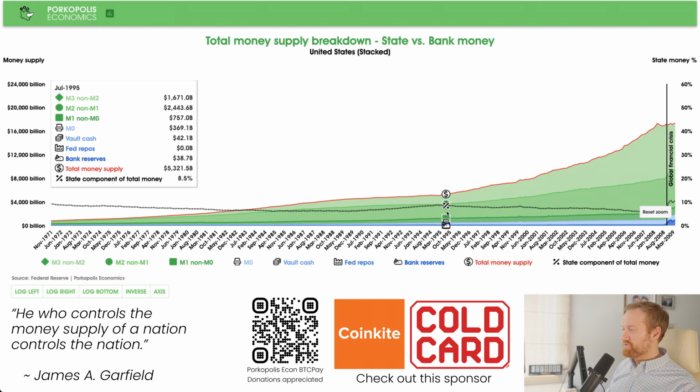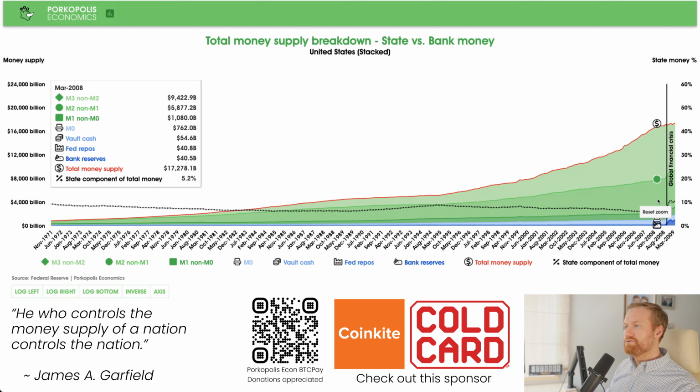Interestingly, this was also the birth of the World Wide Web, 1995, .com boom, .com bust. Alan Greenspan, the maestro, as the New York Times called him, governor of the Federal Reserve, took interest rates to historical lows at that time. State money as a proportion of bank money, however, continues to fall to just the eve of the global financial crisis. The peak would be somewhere here, I guess.